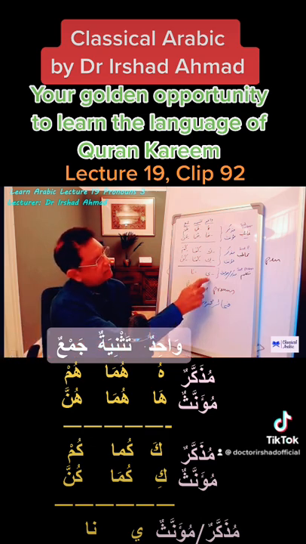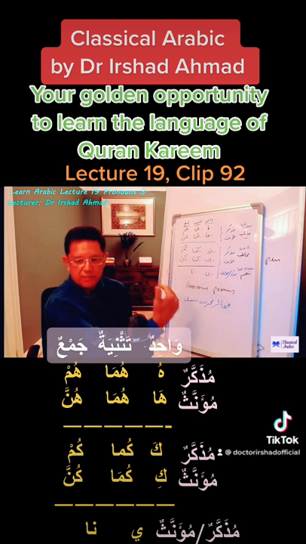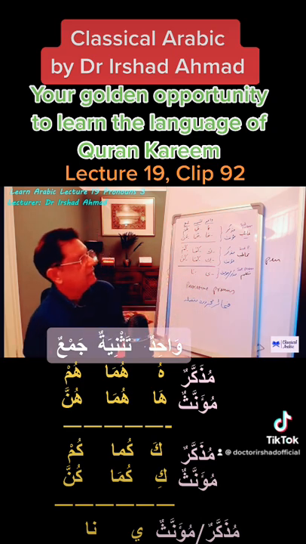And ya is mutakallim, both for muzakkar and muannas. So we are really saying mine or me, and ours or us. That kind of meaning they will give in a sentence.